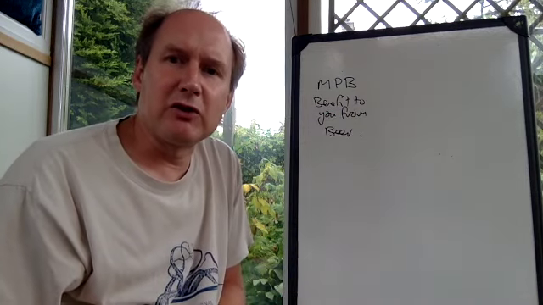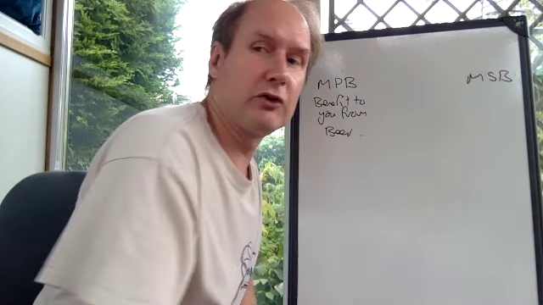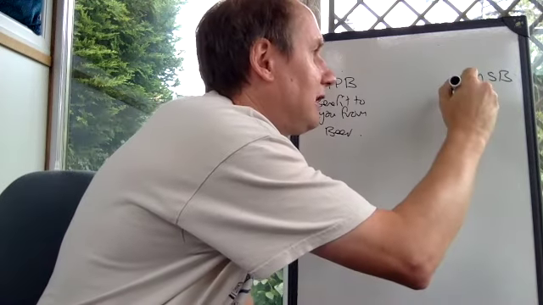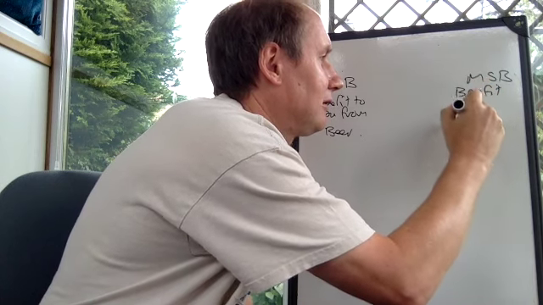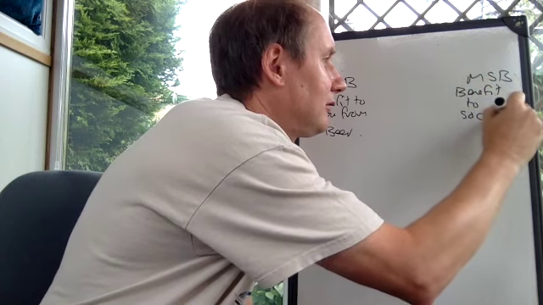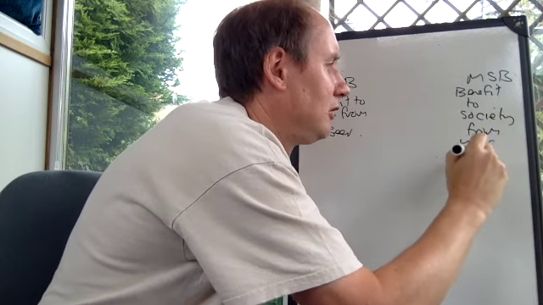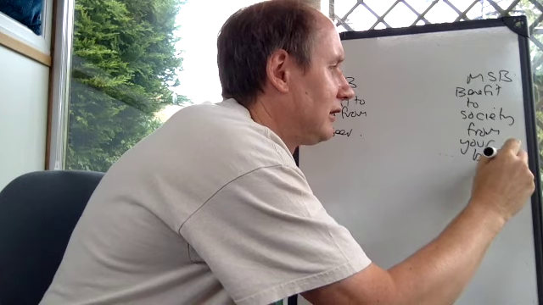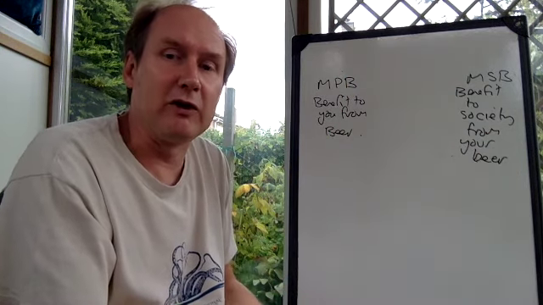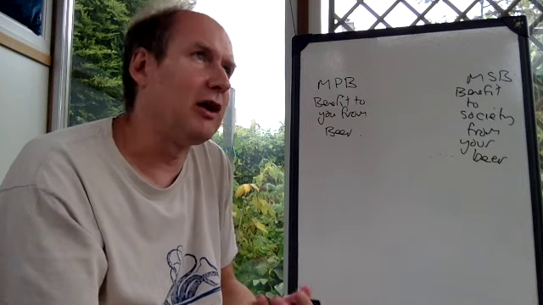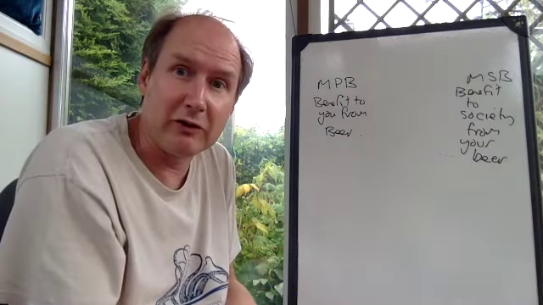But what we're saying is that the true benefit, the marginal social benefit, is the overall benefit to society from you having a beer. And you're part of society, so therefore that's part of it. The fact that you're out having a nice time with your mates and so on. Well, that's great. Society benefits because you benefit.